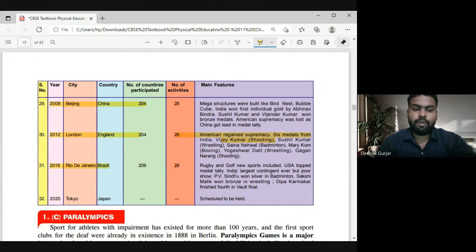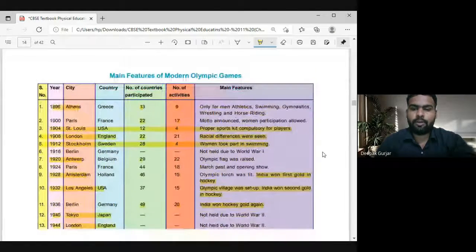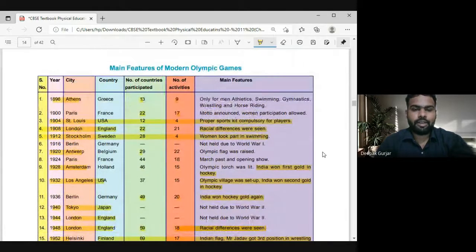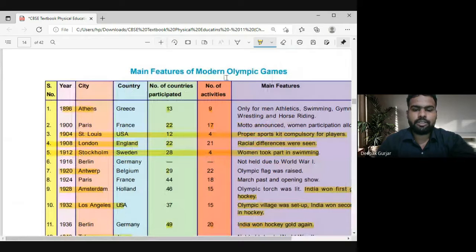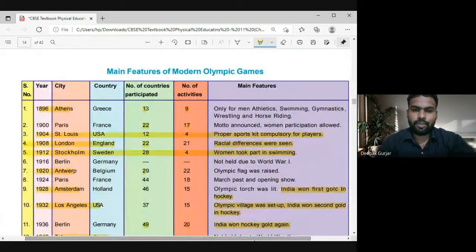In 1920s, because of the pandemic, it was not held. But in 1921, many people have done a great part. Now we think about the main features of the modern Olympics. In this session, we have tried to understand them. I hope children you got all this concept, because it is very important.